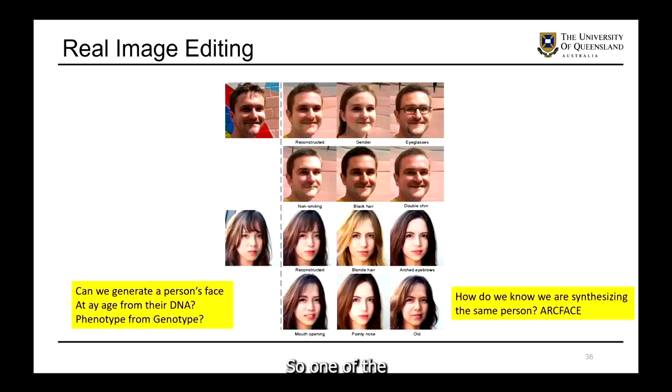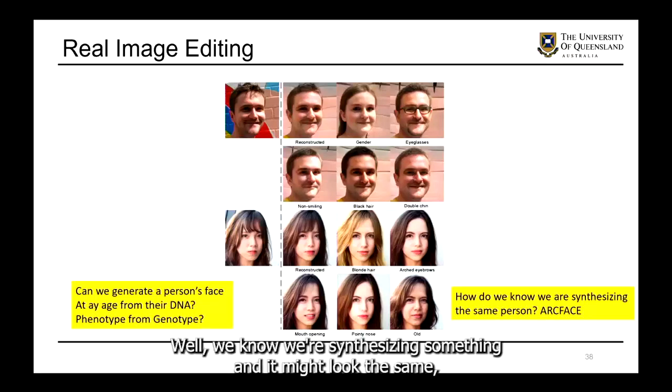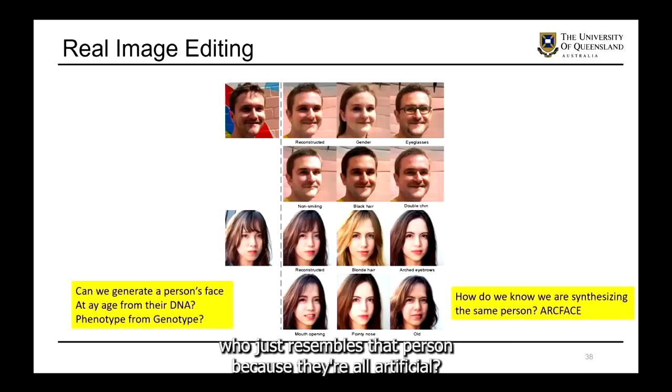One of the big problems with synthesizing faces is how do we know that we're producing the same person? Well, we don't. We're synthesizing something, and it may look the same, but is it the same person, or is it somebody who just resembles that person? Because they're all artificial. That's one of the big problems with synthetic faces, and one solution is to run these faces through something like ArcFace and determine whether they're the same person or not using a face recognition system.